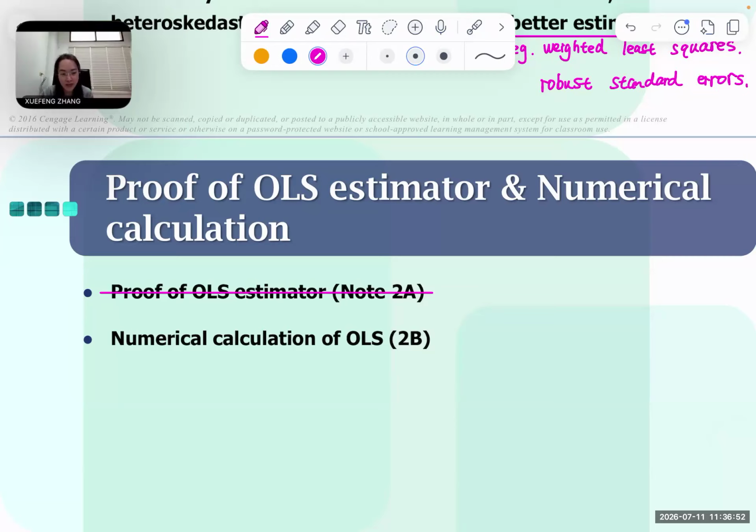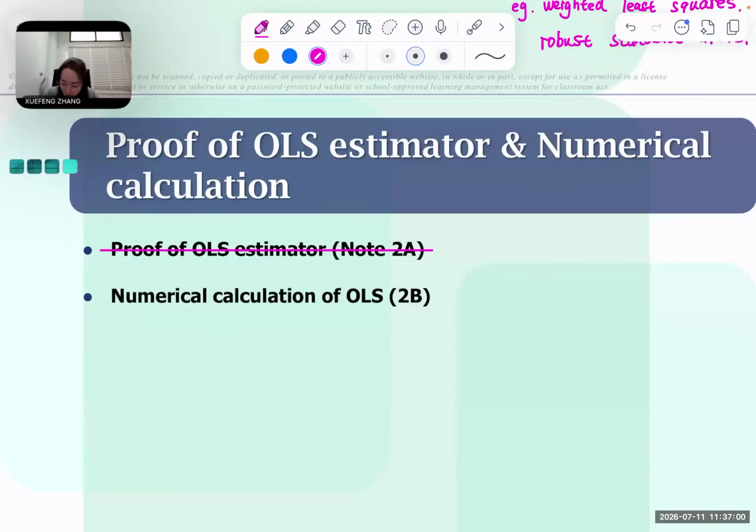But we need to do some numerical calculation of the OLS estimator. So please remember that in matrix form, the OLS estimator beta hat equals X transpose X inverse X transpose Y. We will use this formula to do the numerical calculation later.